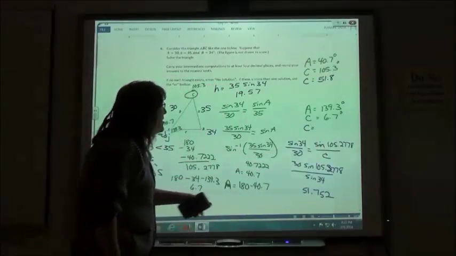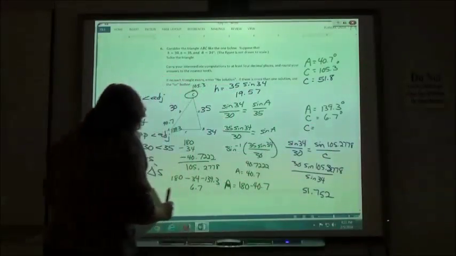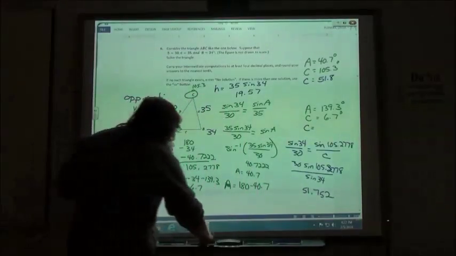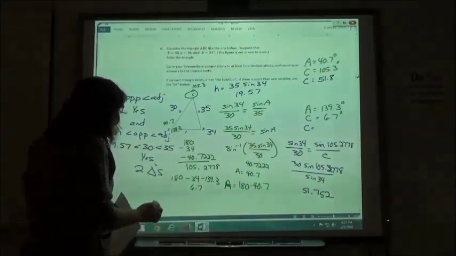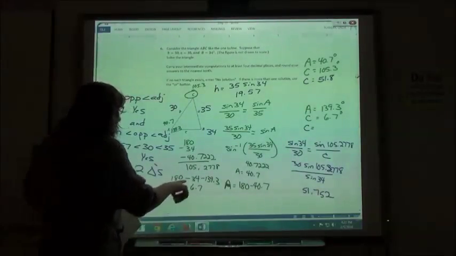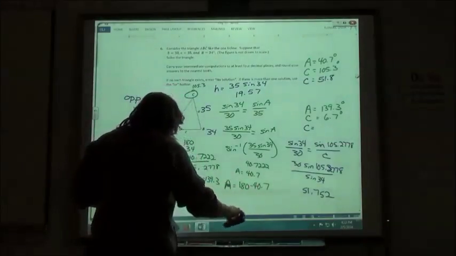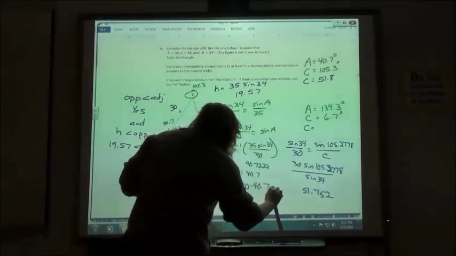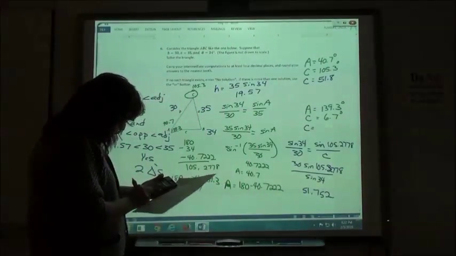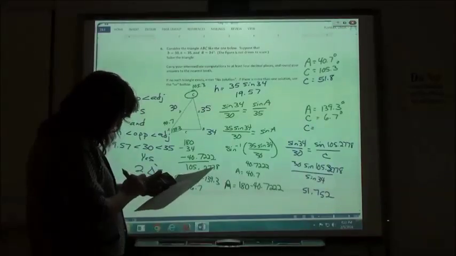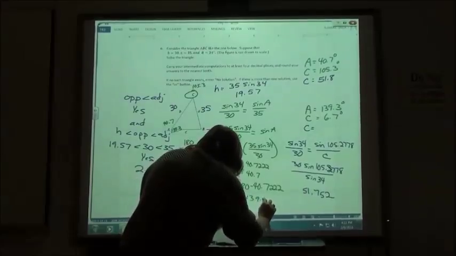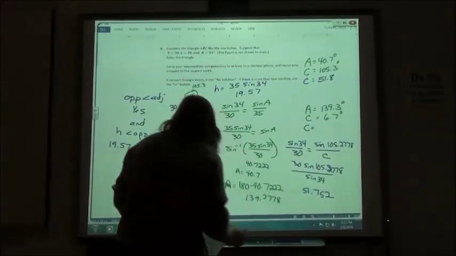So we still need to find C over here. The same kind of thing holds true. When I did this one, I should have carried this out. And so I would have had 180 minus 40.7222, which means I would have used 139.2778.